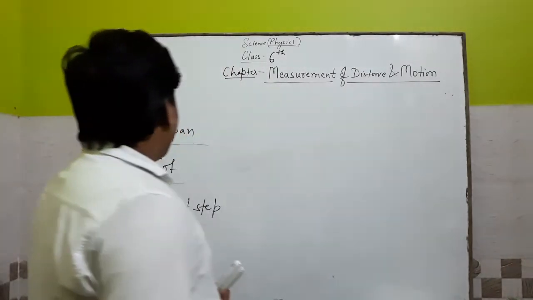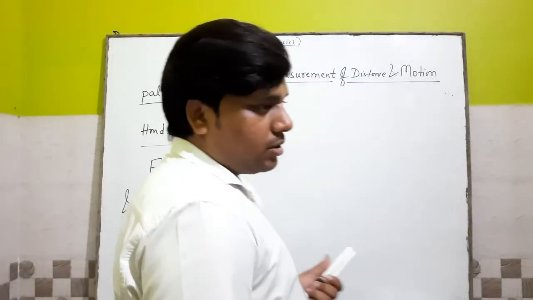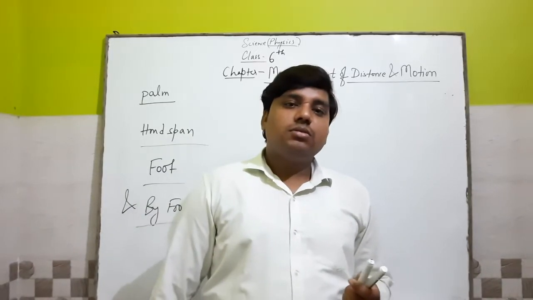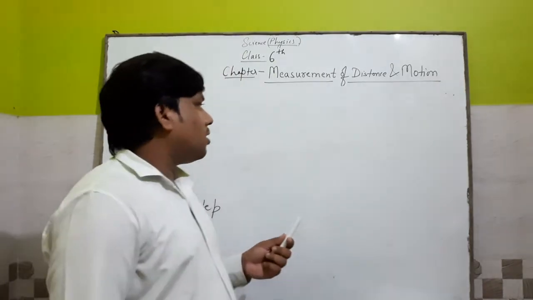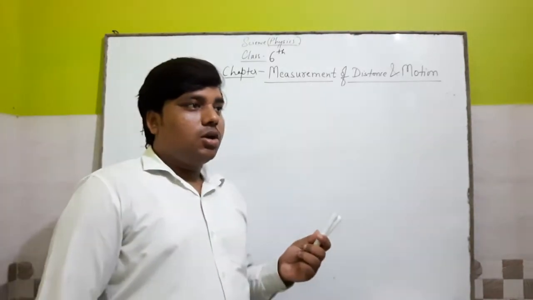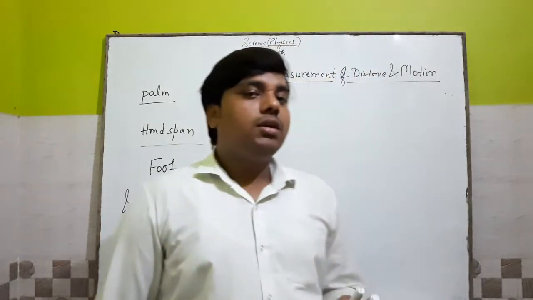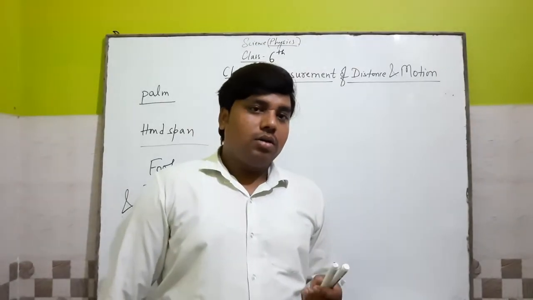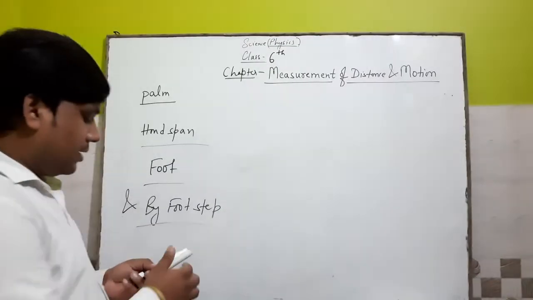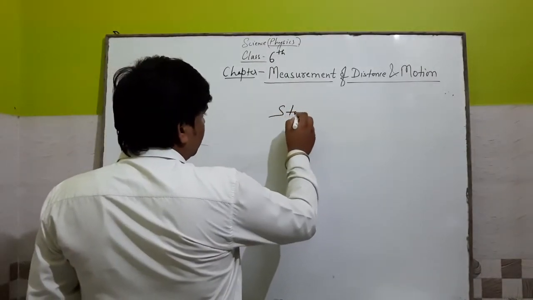so in that condition scientists of different countries came together to form a single unit which is uniform all over the world, all over the country, that is known as standard unit.